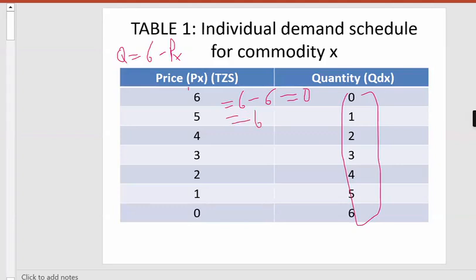It will be 6 minus 5. You get 1. And if P is 0, that means it is 6 minus 0. You get 6. Ambayo ndo hii hapo. Sawa. Kwa hiyo we are just looking at what we noted here.